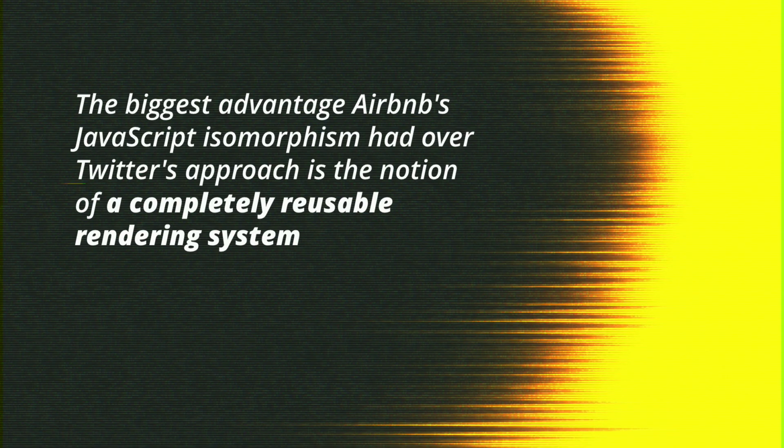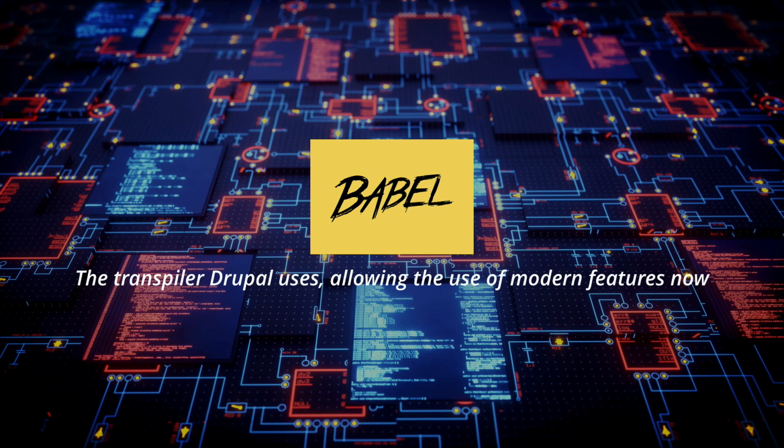That's not that long ago, if you think about it, that some of these patterns were introduced. Fast forward to today, and the JavaScript world has continued to mature quite a bit. If you think about what we do in Drupal, we use Babel as our transpiler, as an example, so we can actually write modern JavaScript in Drupal core.